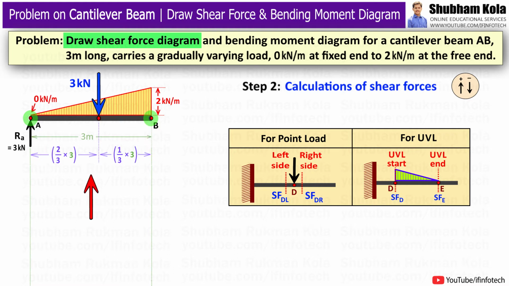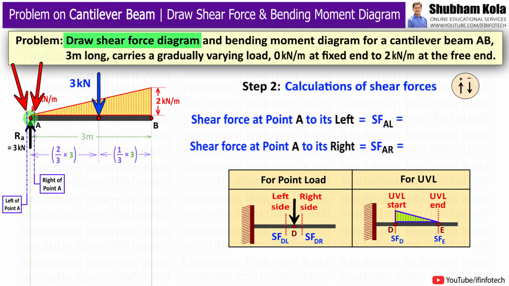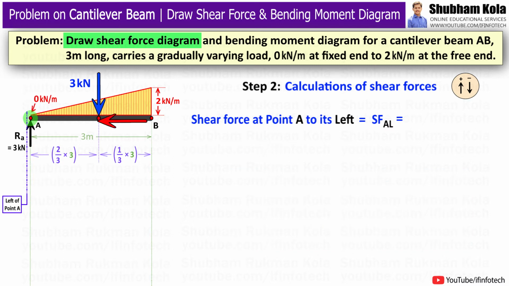But in this diagram, at point A, the reaction force is acting on the beam, and since this reaction force is a point load, hence we have to calculate the shear force values at left side and right side of point A. So here I will start the shear force calculation from left side of point A, that is SF at A to the left. As you can see, there is no force acting at the left side of point A. Therefore, SF at A to the left equals 0.